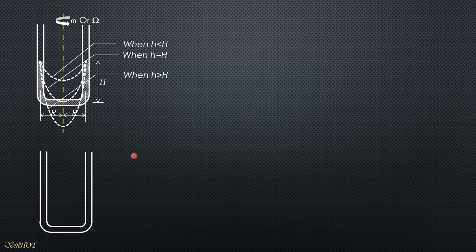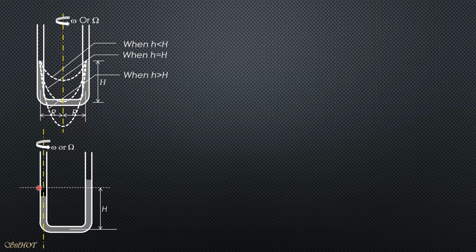For this situation where the axis of rotation is through one leg, remember the principle that the vortex always forms on the axis of rotation and at the lowest point. So initially zero pressure, horizontal, and that's big H. So these are the possible scenarios.